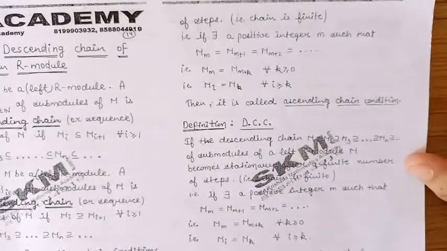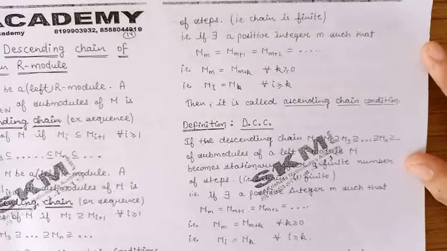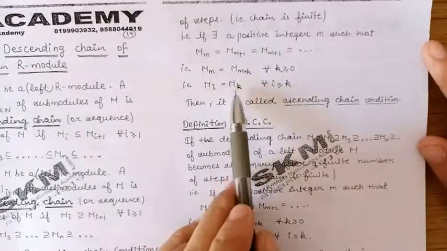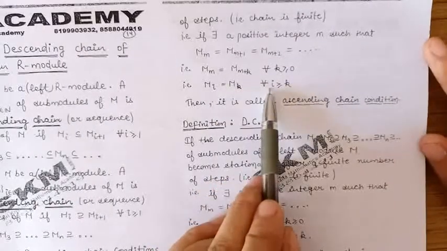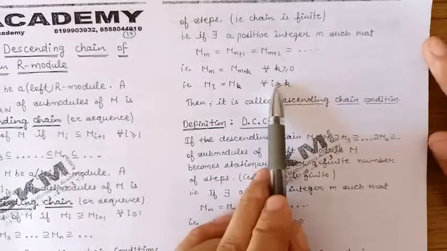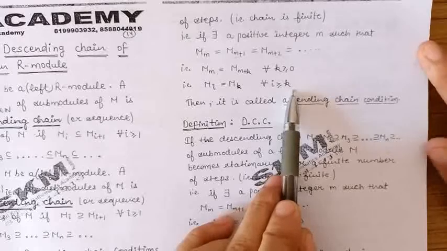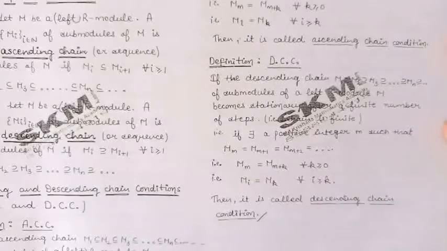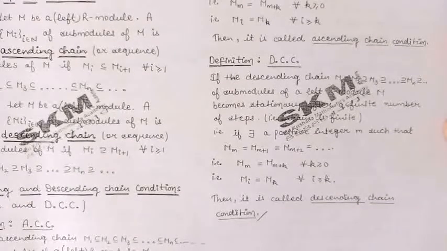Means the ascending chain of submodules of M becomes stationary. Or we can say that each Mi is equal to Mk for every i which is greater than or equal to k. So this condition is called the ascending chain condition.